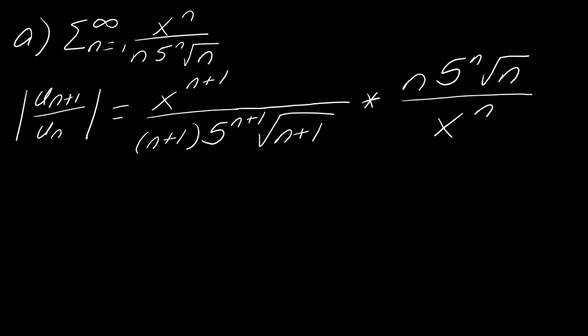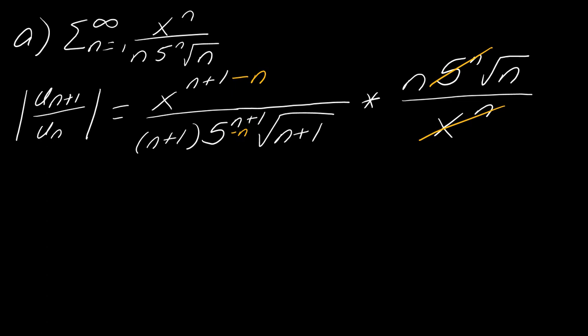What else can you do? In this case, I can cancel out this x to the n, so I can subtract n here. And I can also cancel out this 5 to the n, so I can subtract n from here. Otherwise, there's not a whole lot I can do. What I want to do is write the n's in front and then the x's and the numbers after.